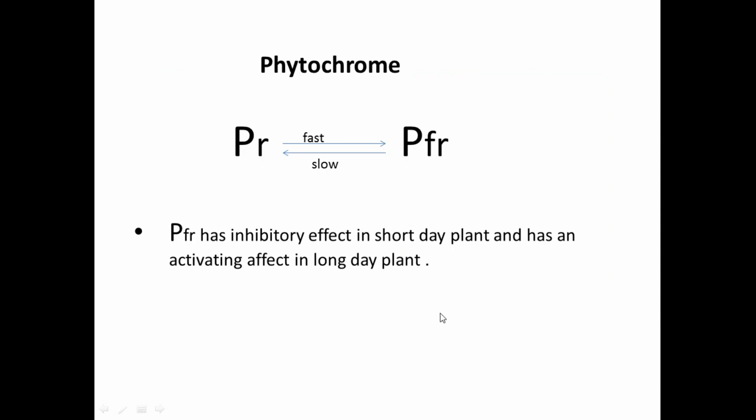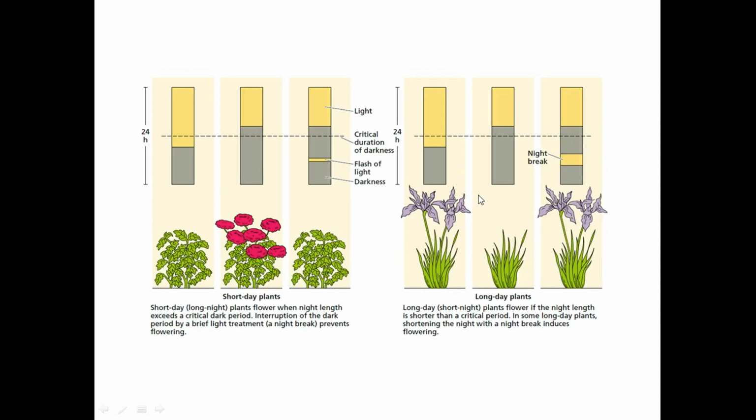Now let's analyze this long day plant. In this long day plant, you could see the day time period is more than a certain critical duration. So the daytime it is exposed to is long enough, and that's the reason why it is flowering. Here it is having a short day exposure, so it's not flowering.